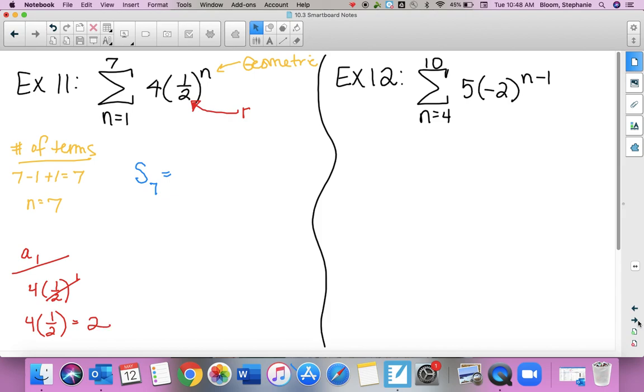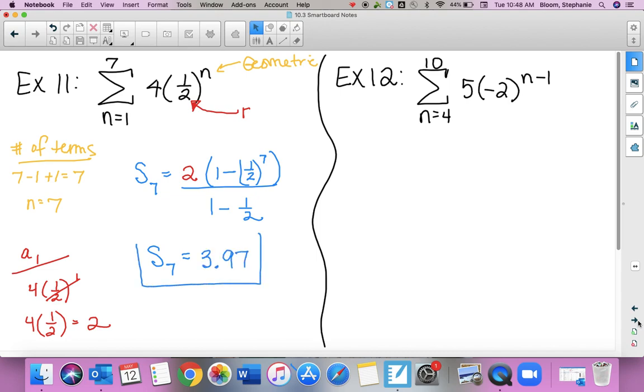So my first term is 2, and then I'm doing 1 minus my r, which is a half, raised to 7, since we're doing 7 terms, all over 1 minus my r, which is a half. When you do that on your calculator, you should get 3.97. Okay?